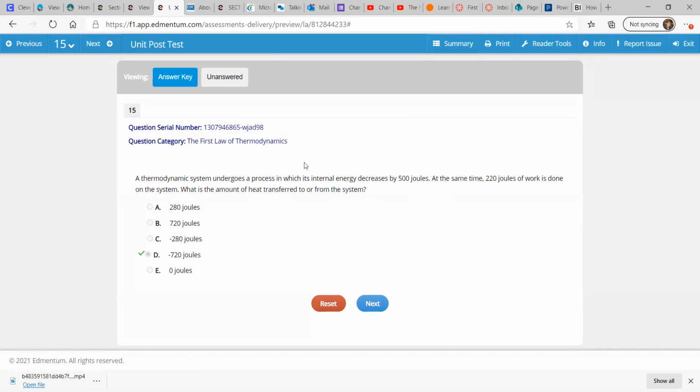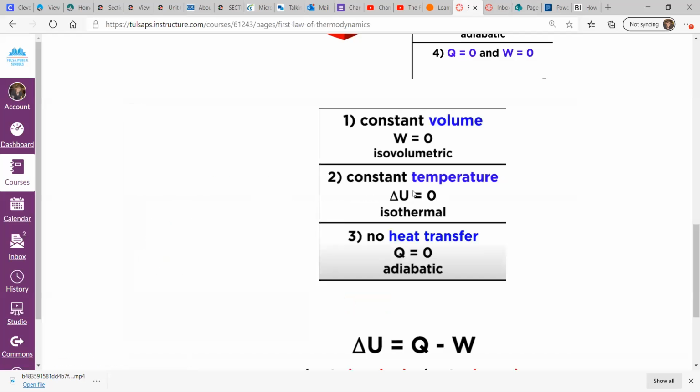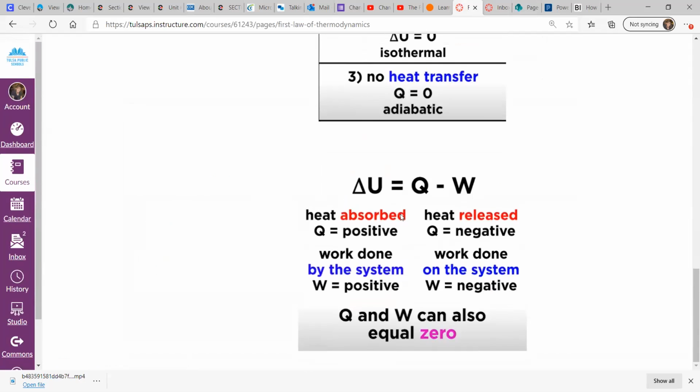Now this deals with that equation, and that is pictured here. Delta U equals Q minus W, where delta U is the change in internal temperature, Q is heat, and work is W. And it's important to remember when certain things are positive and negative.